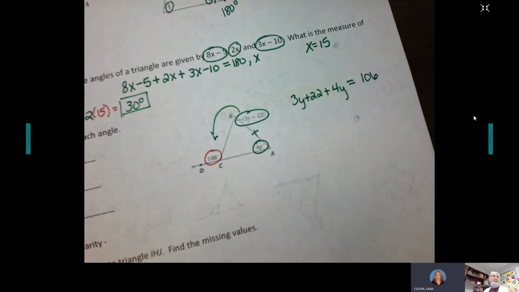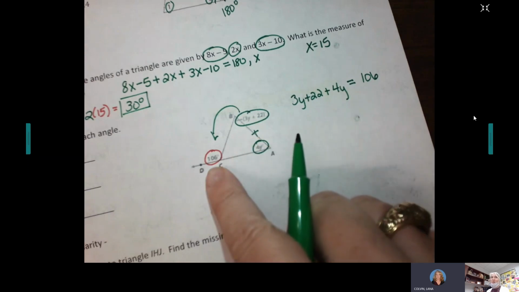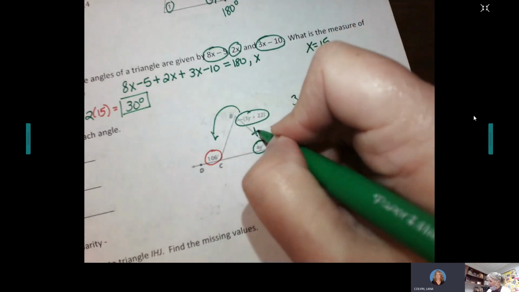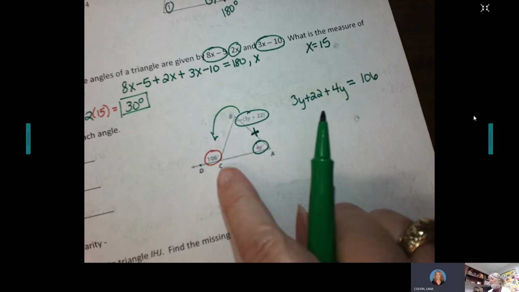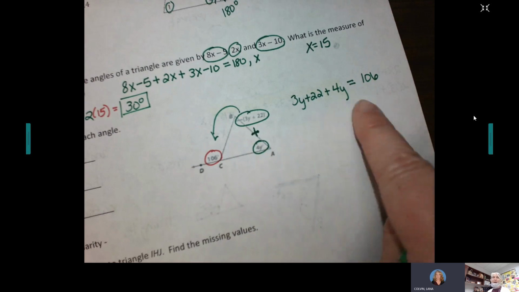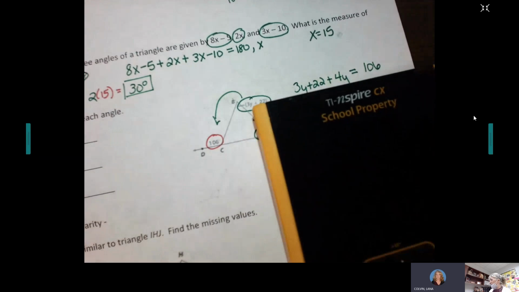So it's a little bit different setup when you're given two interiors and one exterior. It's not add up to 180. It's the two interiors have to add up to the exterior. Do you see the difference in how this is set up? The first time I did this, I missed it because I went 3y plus 22 plus 106 plus 4y equals 180. So you still solve it.